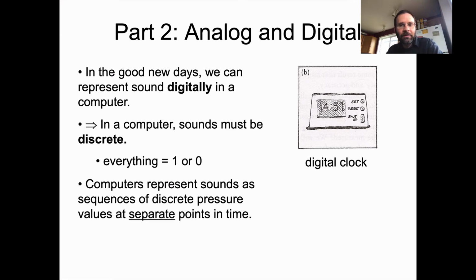You can think of digitally represented sounds in a similar way. Instead of continuous time and continuous air pressure values, we're going to see discrete pressure values at separate points in time. So we have to make a conversion from the analog reality that sound exists in to the digital representation, which makes everything nice and discrete, puts everything in nice little boxes that a computer can handle well.